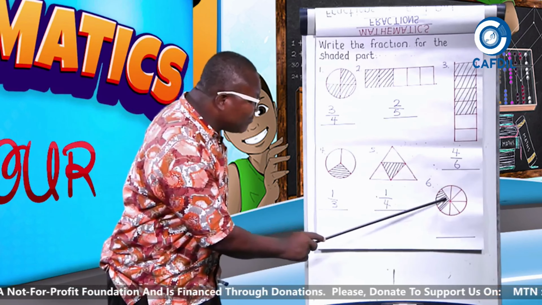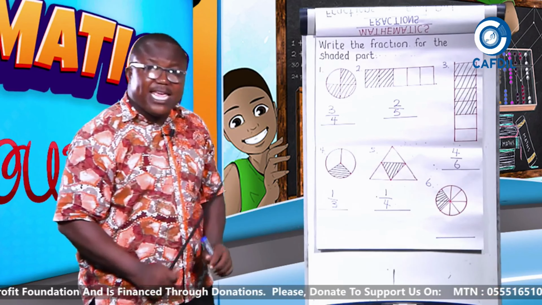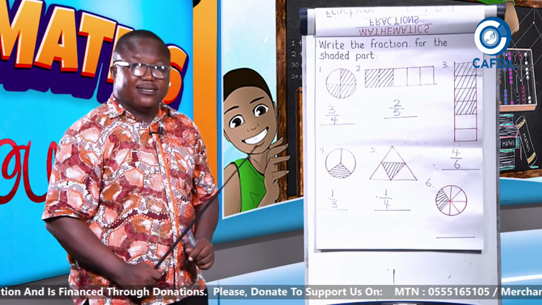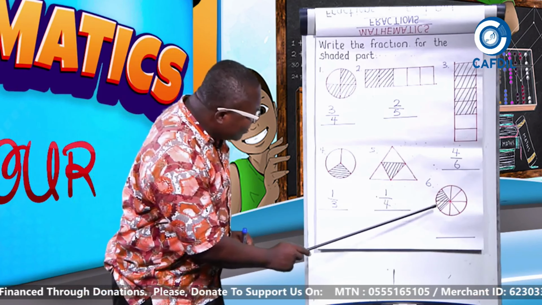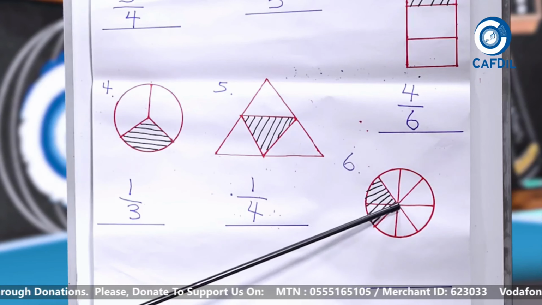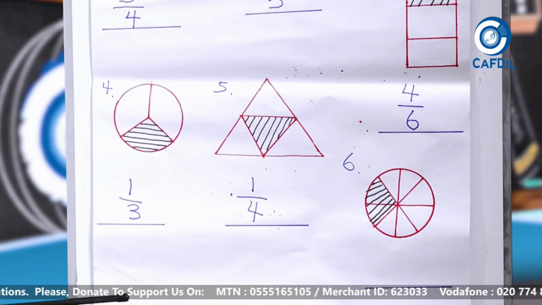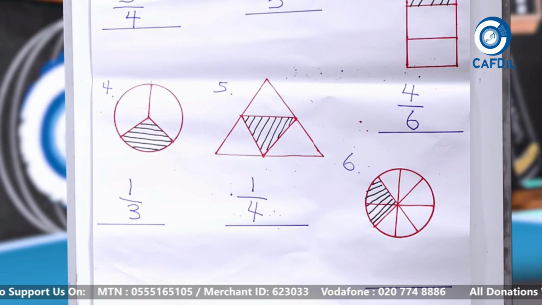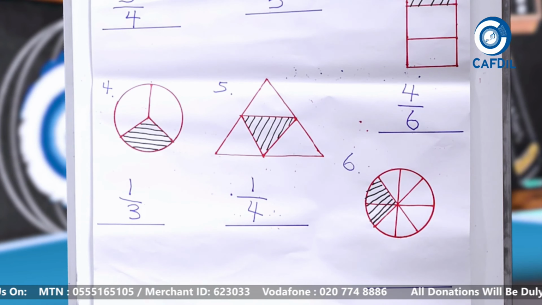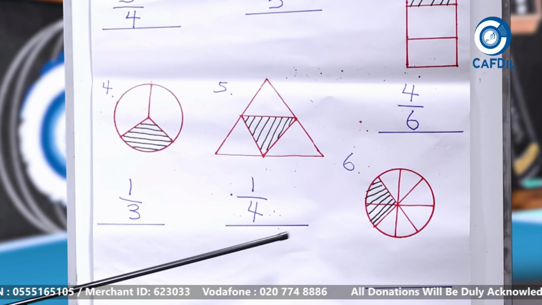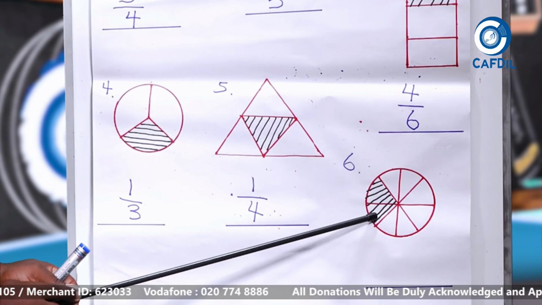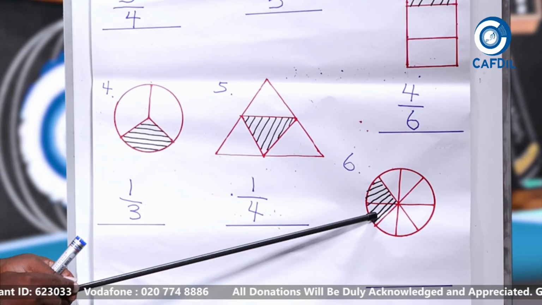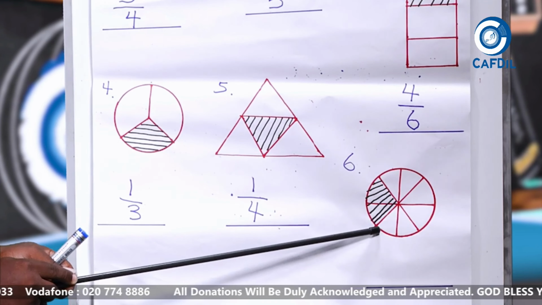And now let's look at the circle. This circle has been divided into how many equal parts? And this one, you see, they have divided it into many parts. So when you are counting, you are supposed to be very careful, otherwise you will make a mistake. So what we are going to do is, I will start from where they have shaded so that I will land behind it.